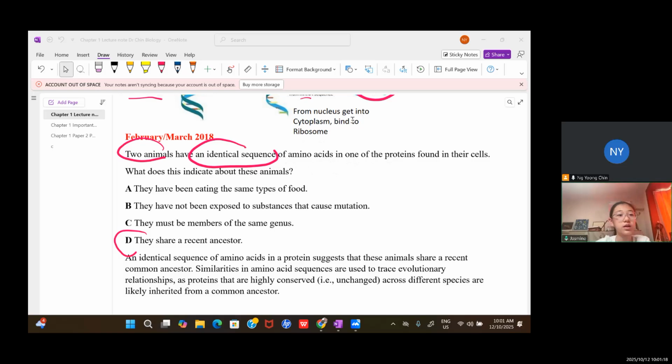Amino acids are based on the codons, so every codon pairs in the same order, so the order of the bases is very similar. Yes, well done. That means the amino acid sequence will be influenced by the DNA's base sequence as well.